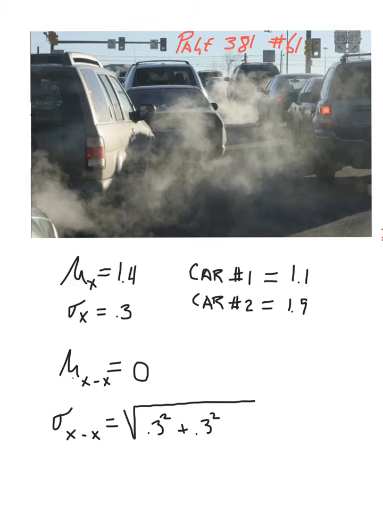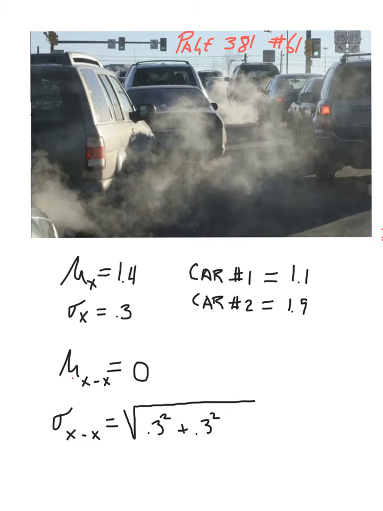We're going to subtract the expected value from itself, see? X minus x is going to give us 0. But don't forget, the standard deviation minus the standard deviation, well, we always add the standard deviations. So it's going to look like this: 0.3 squared plus 0.3 squared, add them together, take the square root.